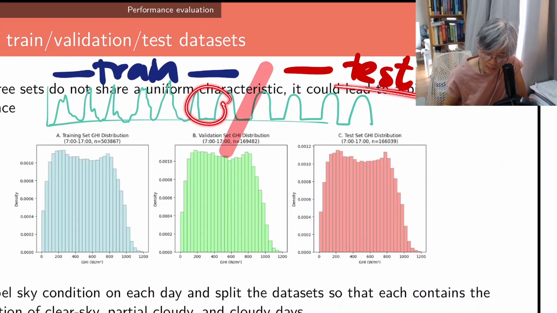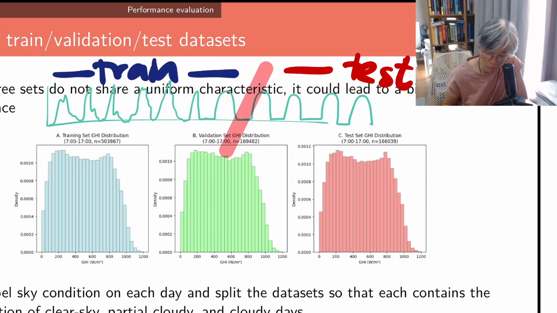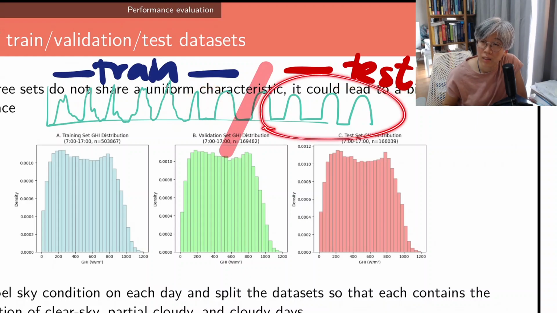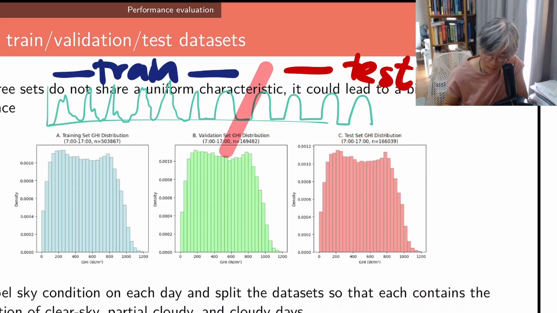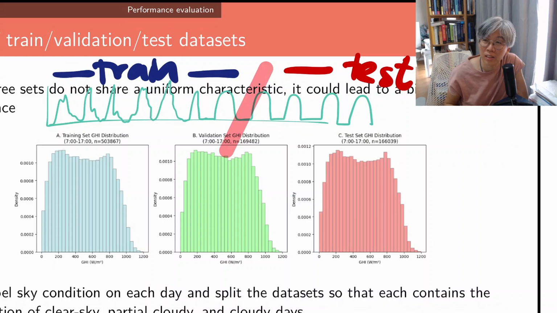But on the test set, the data contains only clear sky days. The clear sky days are considered easy data, while the cloudy days, where there's a lot of fluctuation in the irradiance, are considered hard data.